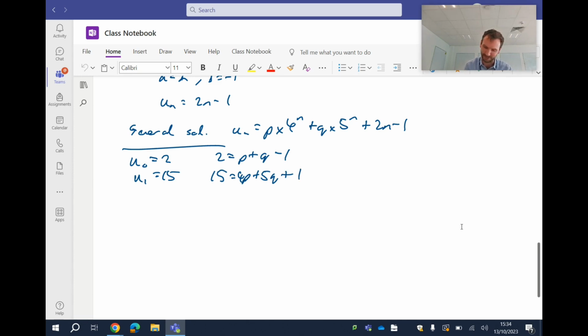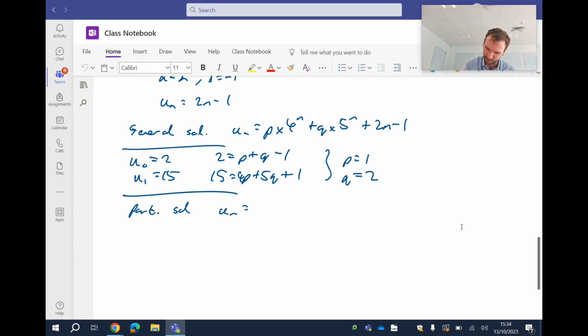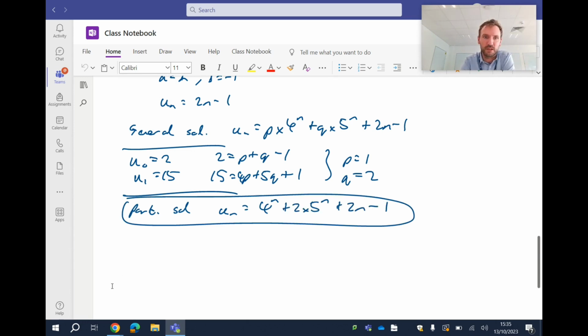I've got simultaneous equations we're solving. I'm not going to worry about going through that. p equals 1, q equals 2, once we've gone through our work. So our final particular solution here is going to be our general solution with those replaced. We're going to have 1 times 4 to the n, or just 4 to the n, plus 2 times 5 to the n, plus 2n minus 1. Thank you very much.